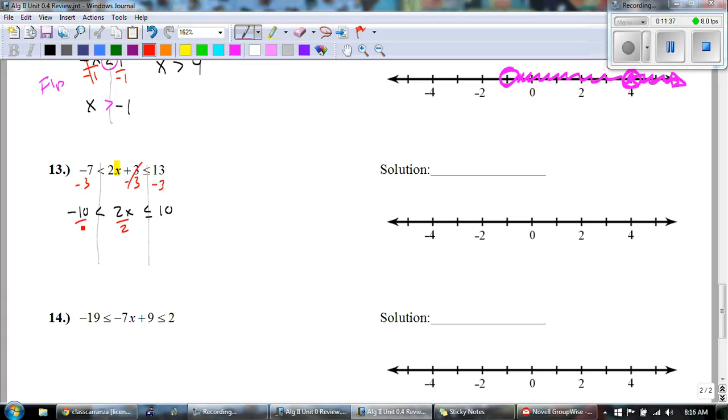To get the x by itself, I'm going to divide all sides by 2. I get negative 5 is less than x, which is less than or equal to 5. Okay, so I'm open at negative 5 and I'm closed at positive 5. And this is an and, so I shade the middle.